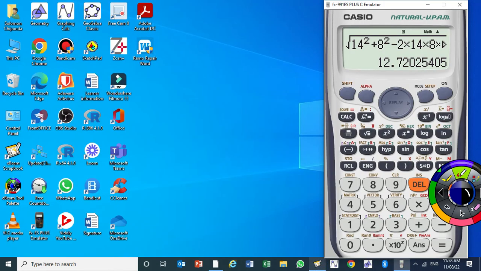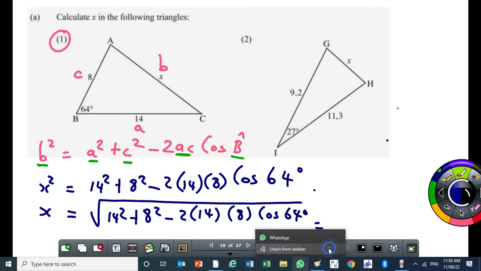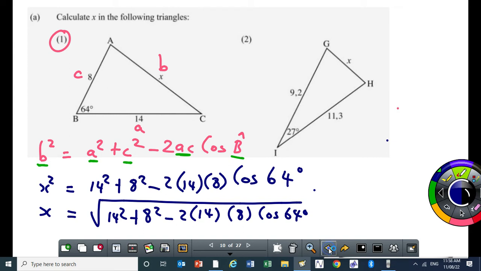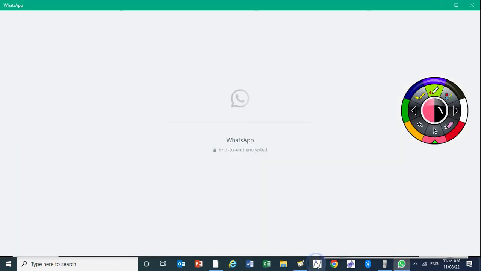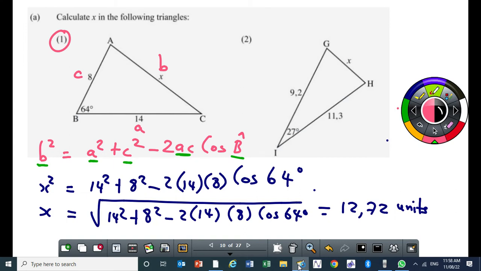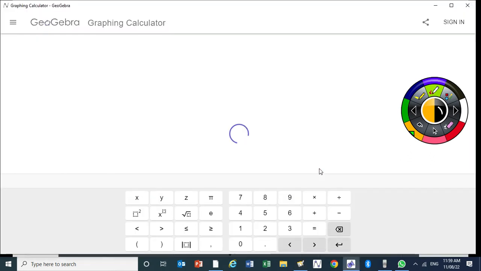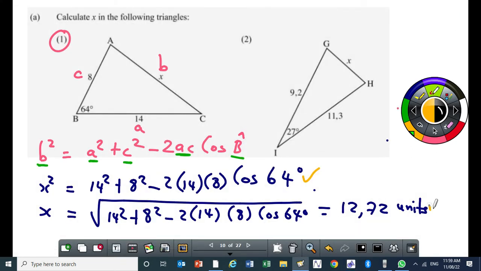So the answer is 2 marks. Get your second mark.